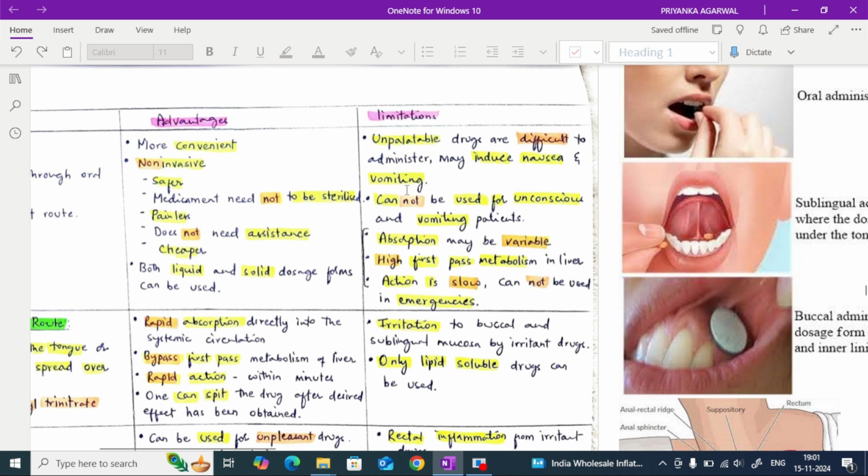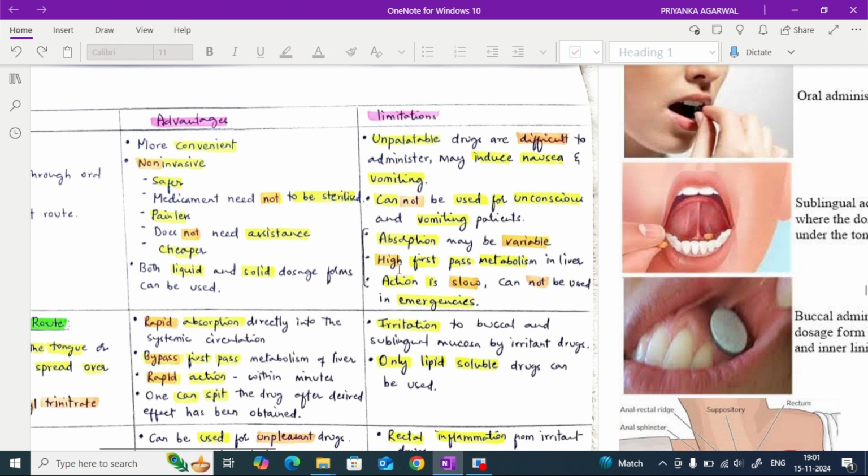Because of this, it cannot be used for vomiting patients, and obviously it cannot be used for an unconscious patient, because to swallow the drug, the patient has to be conscious.